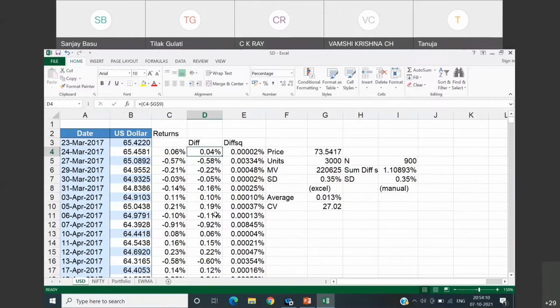So what we do is we square the deviations, right? So that the sign does not matter. And larger deviations get greater weights.